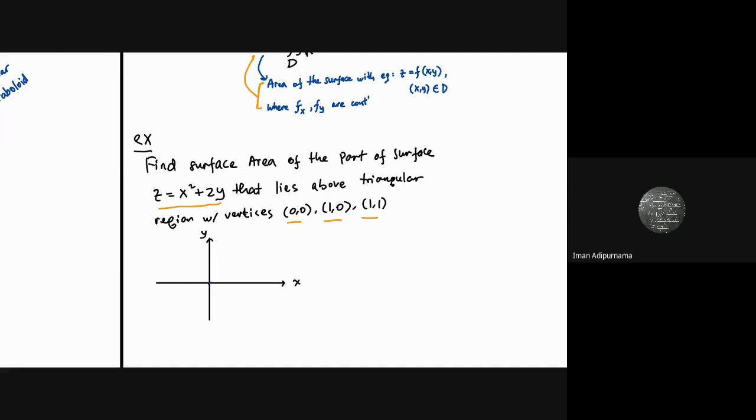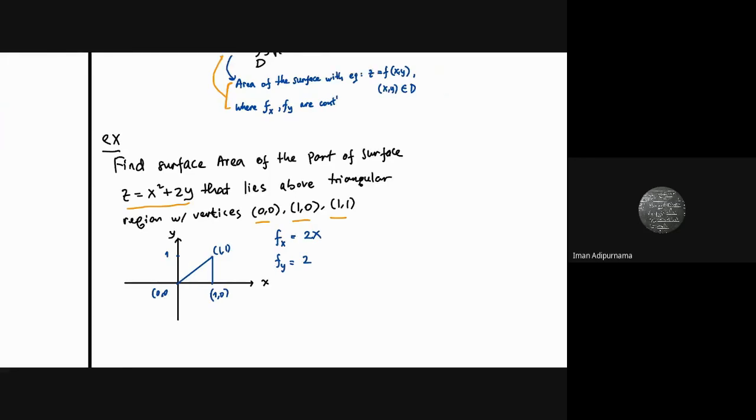So first, this is the 0, 0. Okay, let's say that's our triangle. So this is 1, 0, and this is 1, 1. Okay, we can start by looking for partial x. This is 2x, and looking for partial y, which is 2.